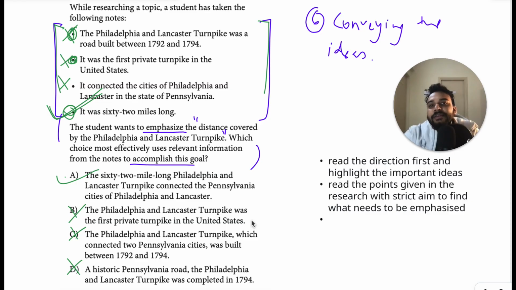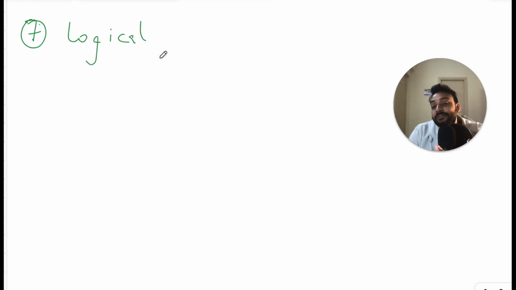So this was conveying the idea. This was the sixth type. Now, I would not exactly say that there's a seventh type, but there is. The seventh type of question asks for a logical conclusion or completion. This is different from text completion, which we did right at the start, the first category.